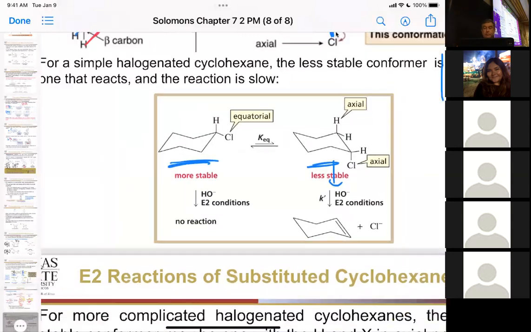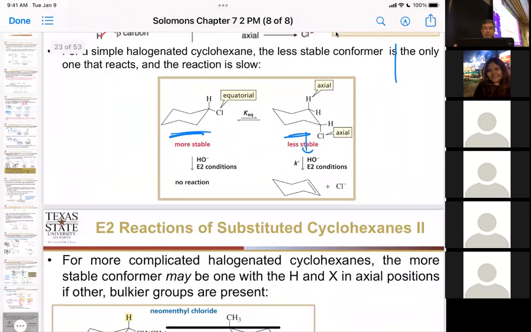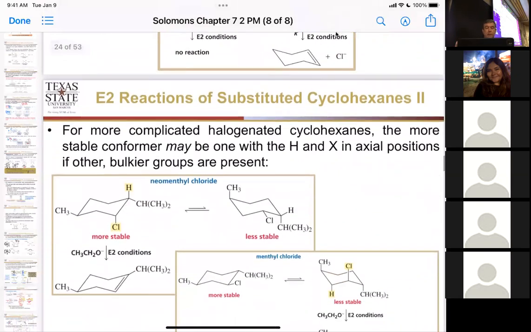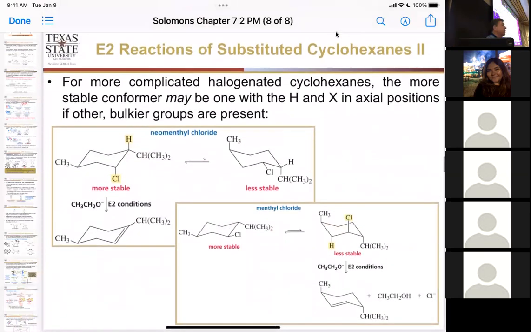Okay. All right. So that means that once you have different groups in different positions on here, you can actually make a reaction that happens and forms specific products. So in this case, we have a methyl group and a T-butyl group in their equatorial positions. That's their most stable position, right?